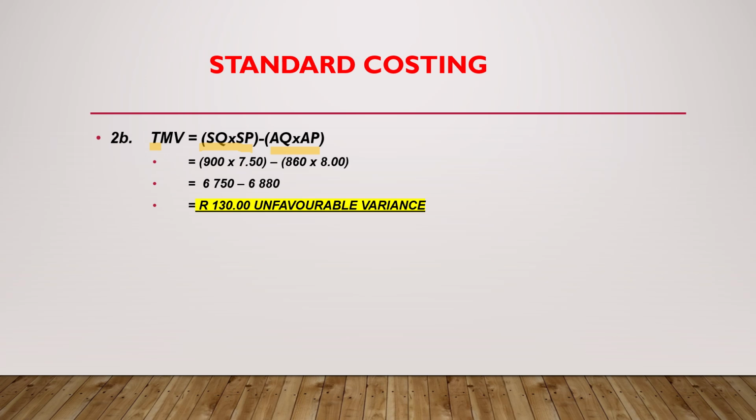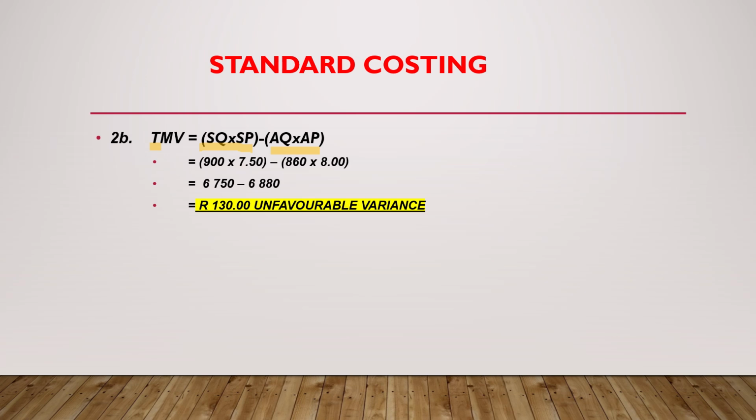If you go back to the previous slide, when we calculated standard quantity, we got 900, and then the standard price is 750, right? Minus actual quantity. If you go back to the previous slide, you will see actual quantity was 860 multiplied by actual price. Our actual price was 8 rand.